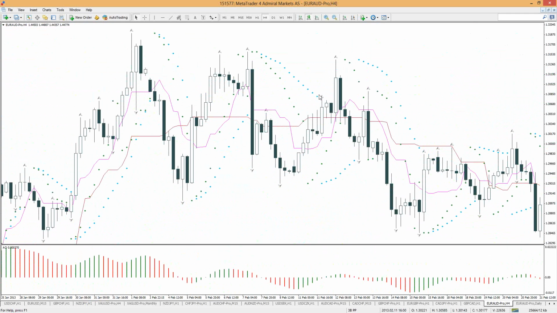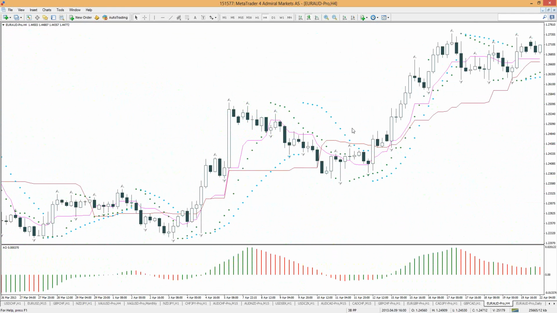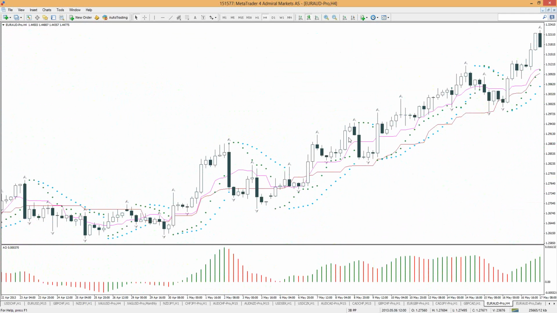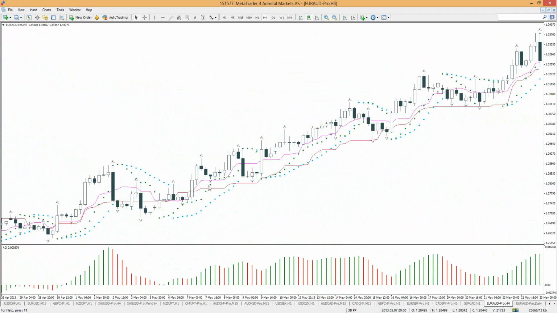Obviously, the trend environment is better. When you have a trend environment, this is going to do better. So, I'll give you one trending environment example. Otherwise, you can see here this is moving up a lot. So these are great ones.